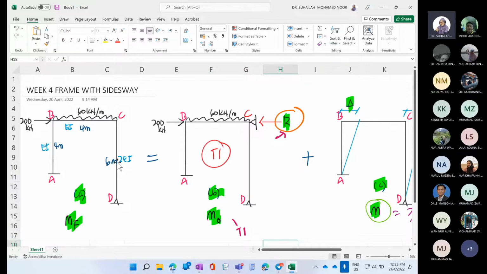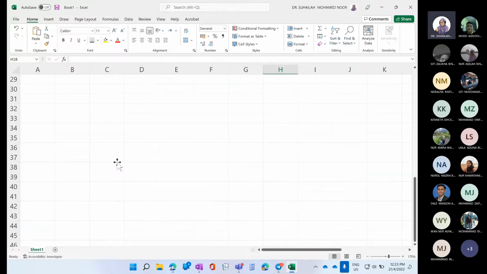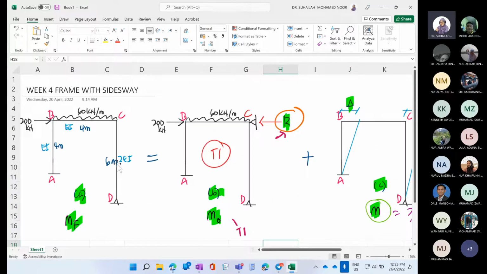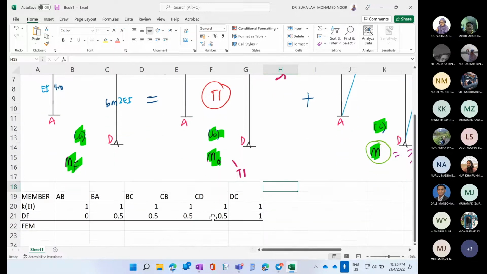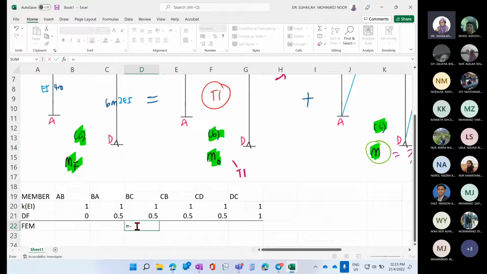It is 60 times 4 square over 12. For BC, it is negative, W is 60 times 4 square divided by 12. We get negative 80 and 80.